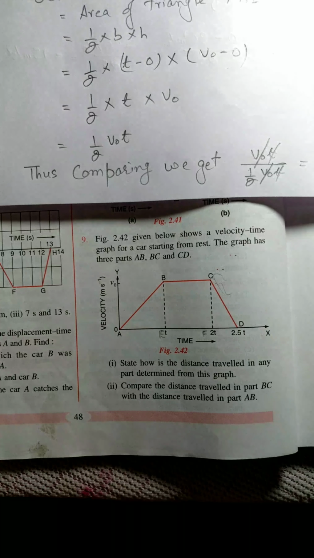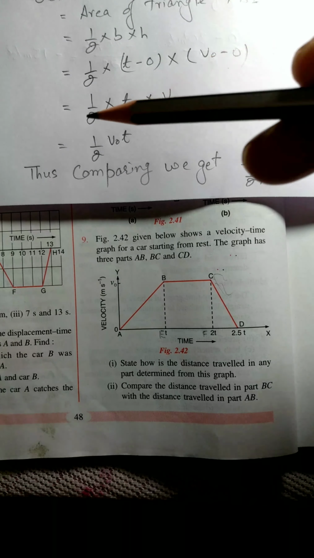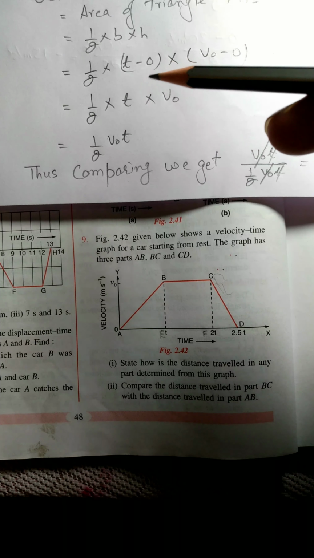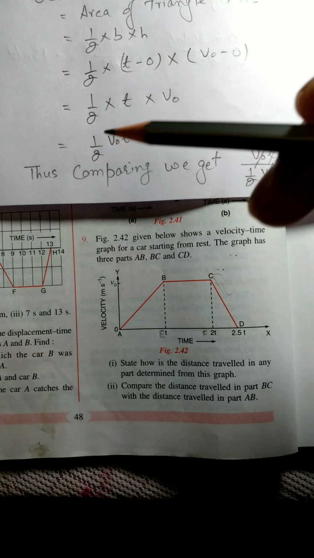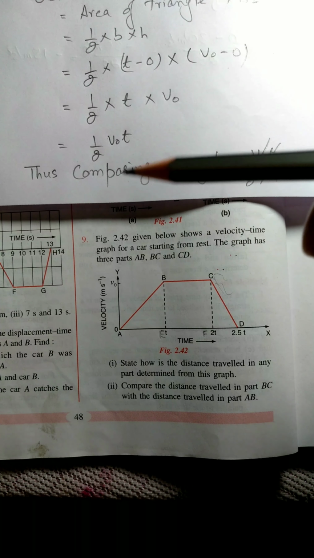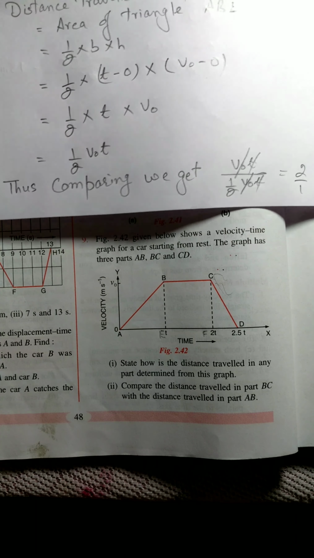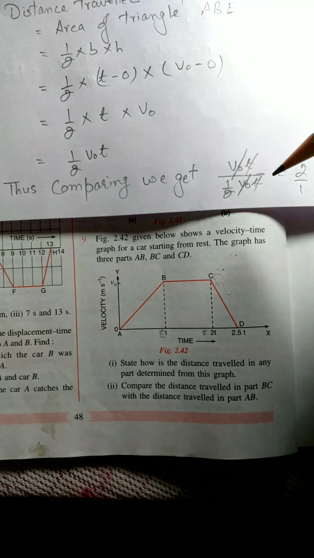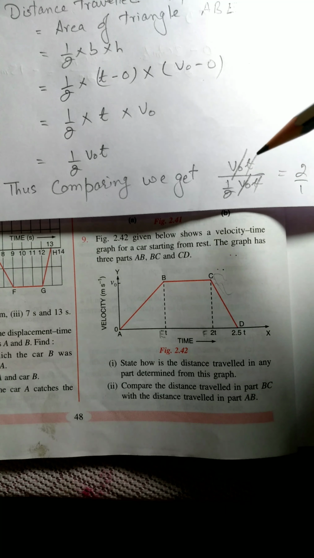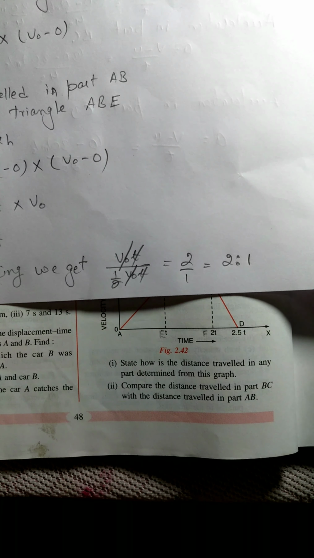Solving it, half into t multiplied by v0 gives half v0 t. Now comparing, the first value is v0 t, the second value is half v0 t. v0 gets cancelled, t gets cancelled, and hence I am getting 2 upon 1. So the ratio will be 2:1. This is answer number 2.